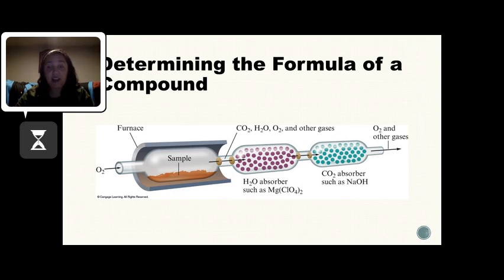And any carbon present will also react with the oxygen, and CO2 will be present which will be absorbed by sodium hydroxide. All the other oxygen and gas will be discarded, but we can determine how much hydrogen is present and how much carbon is present, which will help us if we're trying to identify an unknown molecule.